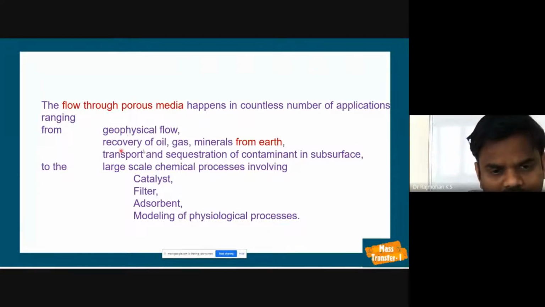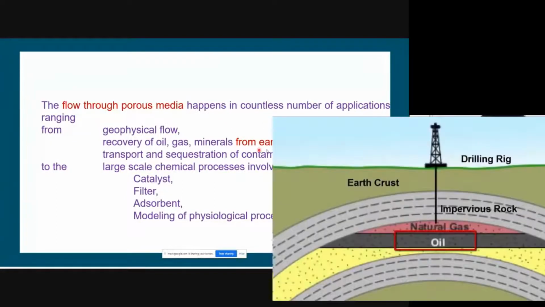The liquid and gaseous forms of all these natural things under the earth migrate from one place to another, because rocks have some permeability and minute pores. Through the pores of the rock, from higher concentration region to lower concentration region, the natural gas or crude moves from one place to another.